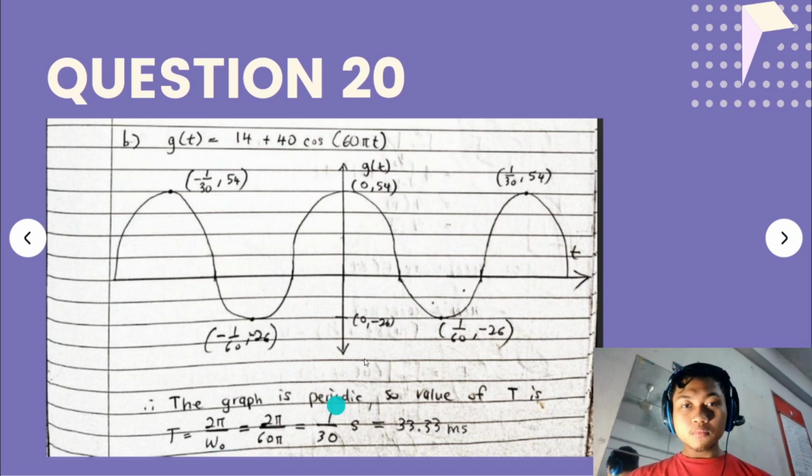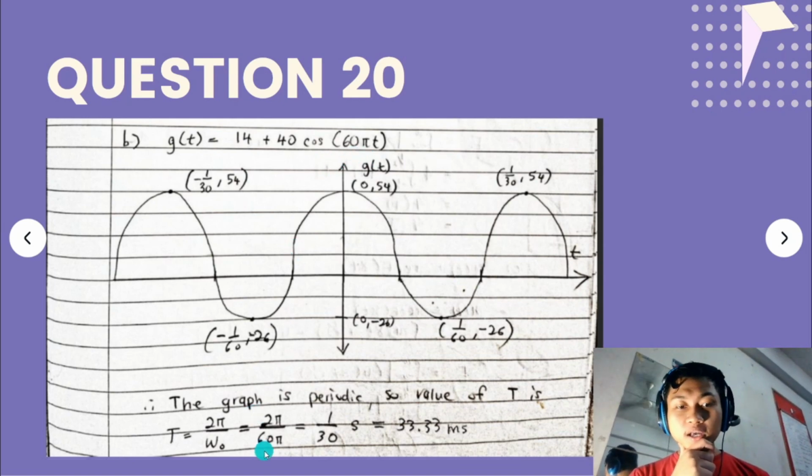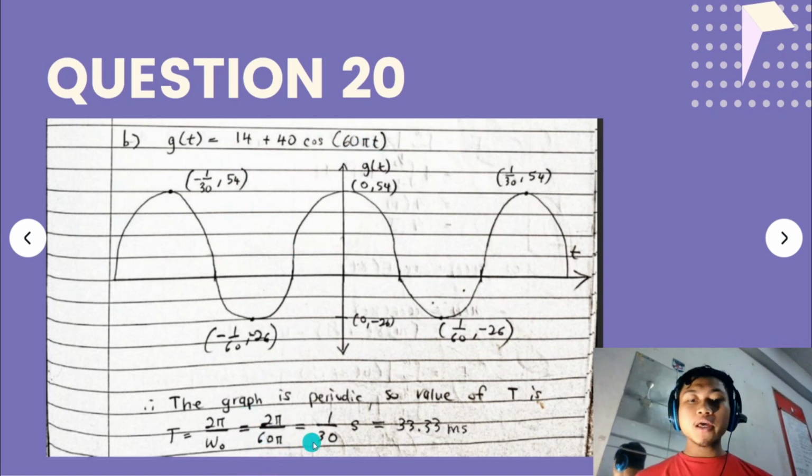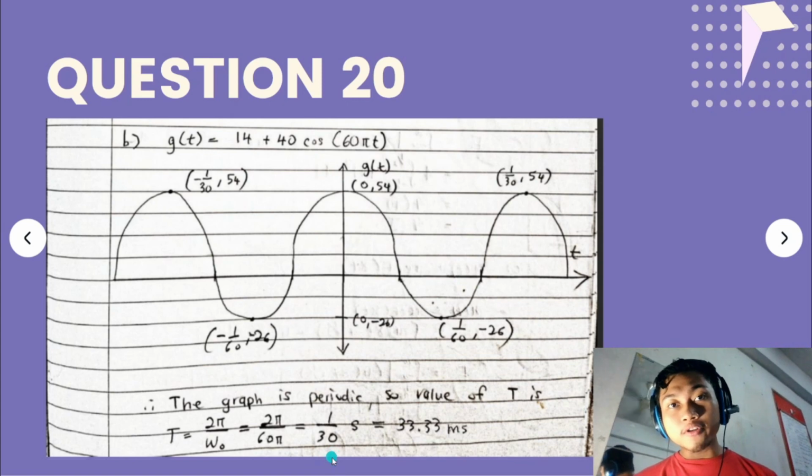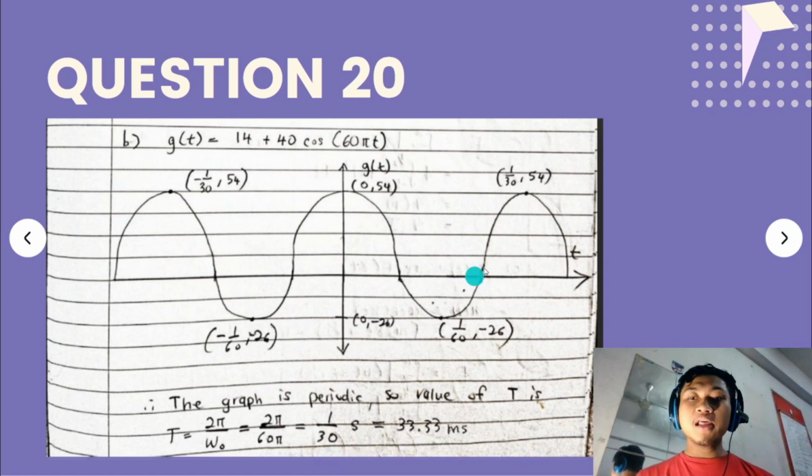Omega naught is the value here. We plug it in: 2 pi over 60 pi, and we get the value of 1 over 30 seconds. That's how we get the value here, 1 over 30.